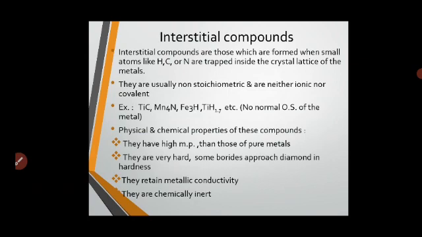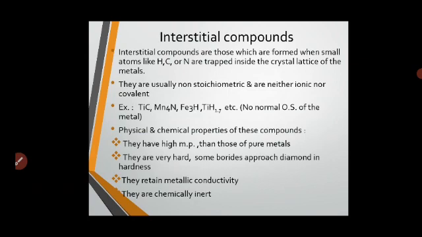It's just like how a spider makes a web, and in that web any insects come inside and get trapped. Okay, so these interstitial compounds are non-stoichiometric and are neither ionic nor covalent.